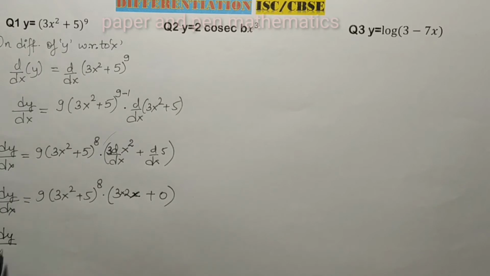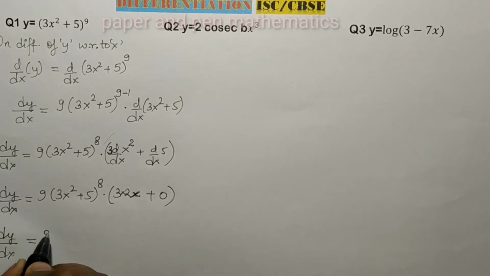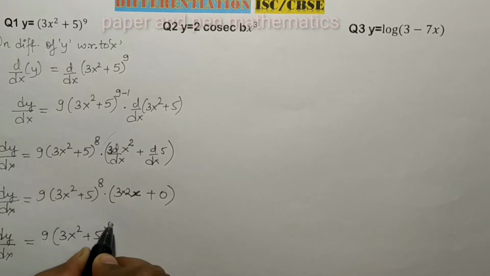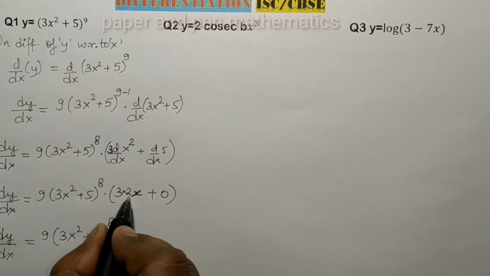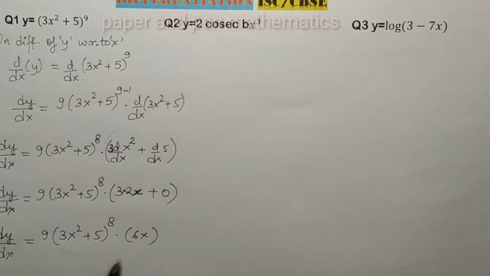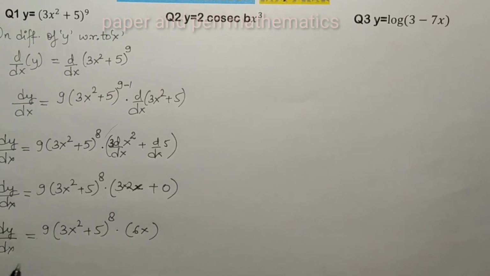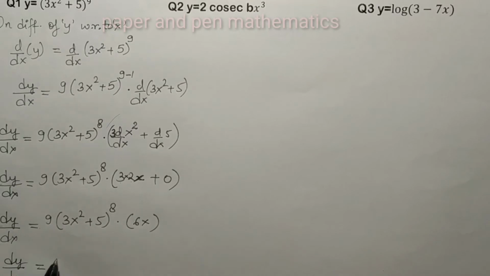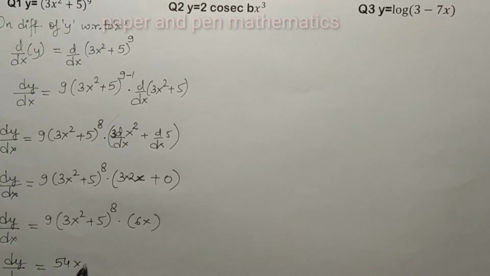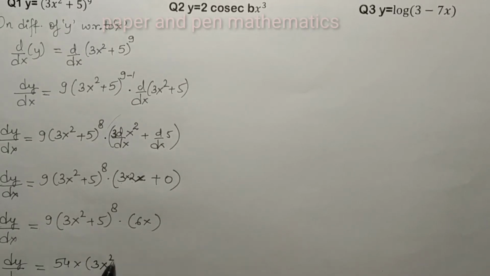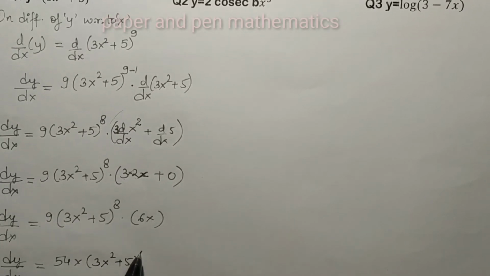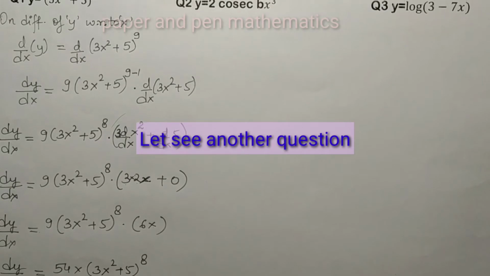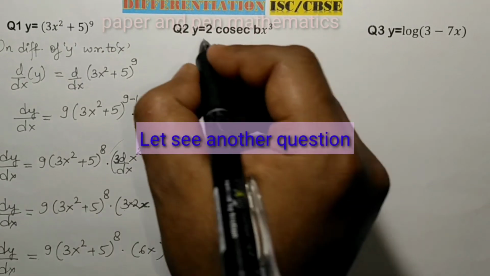So dy by dx is equal to 9 times 3x square plus 5 whole raised to the power of 8, times 3 2s are 6x. Now 9 6s are 54. dy by dx is equal to 54x bracket open 3x square plus 5 whole raised to the power of 8. This is your answer. Let's see the next question.